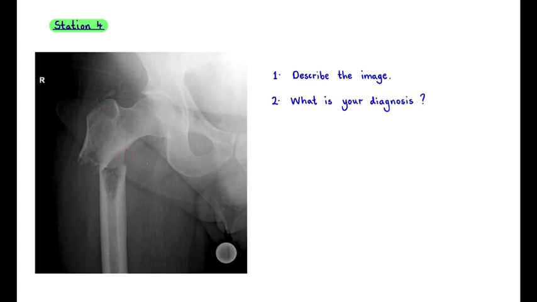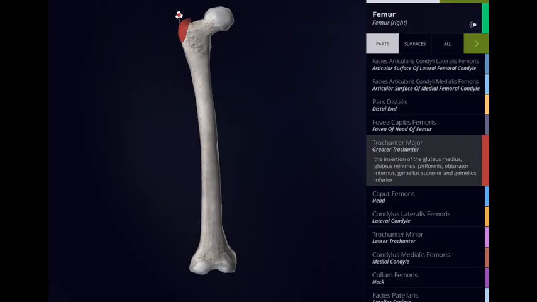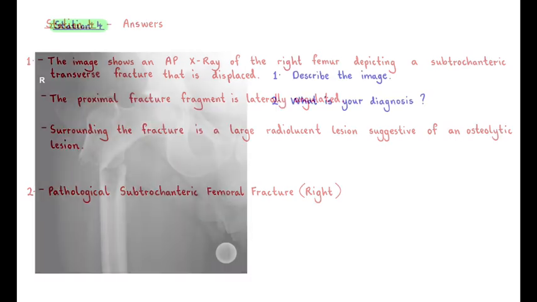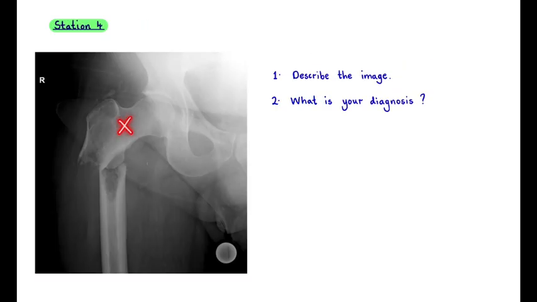And the fracture happens below that, and it's a transverse fracture. A subtrochanteric fracture would be expected to be below the greater and lesser trochanters of the femur. And then the proximal fracture segment is laterally angulated.